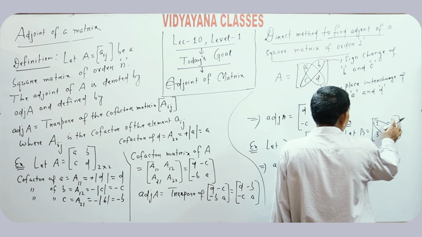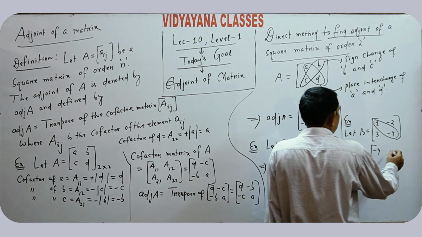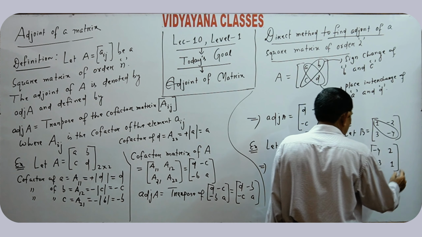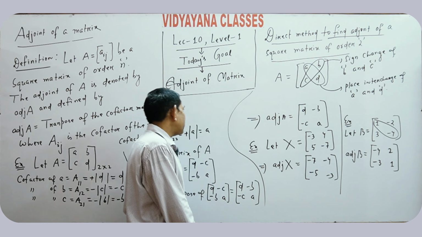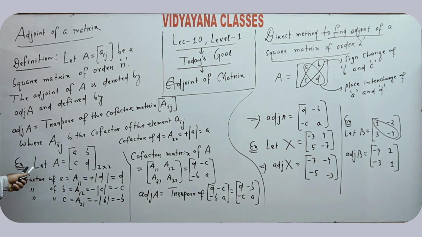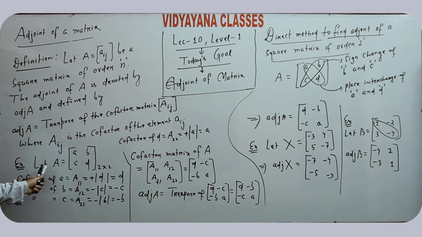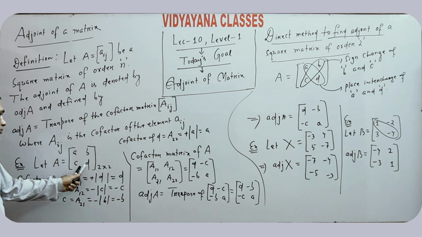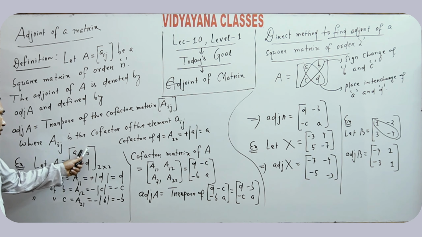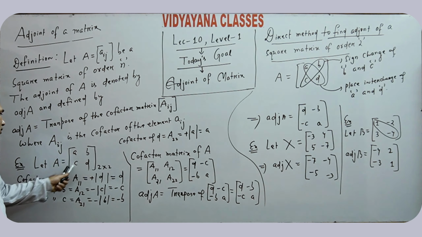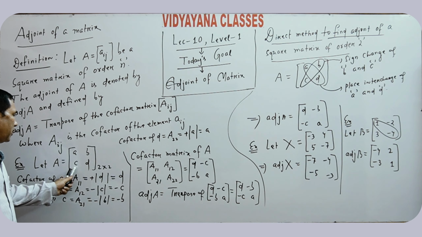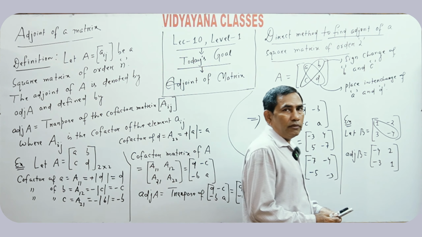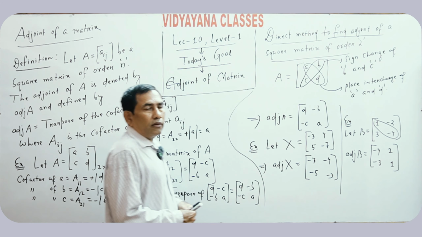Sign change of minus 2 and 3, that is 2 and minus 3. It is the direct method obtained from this example: place interchange of the diagonal elements, sign change of B and C. Clear? Okay. Write down.